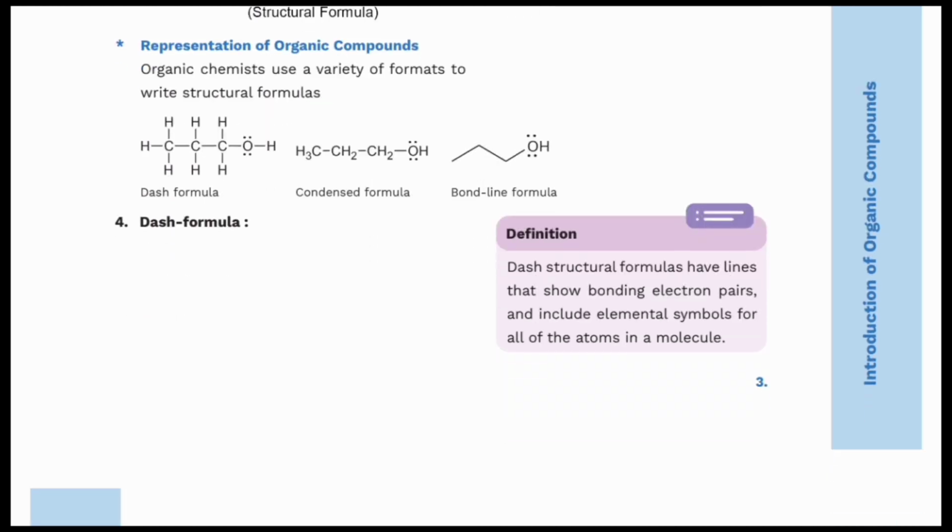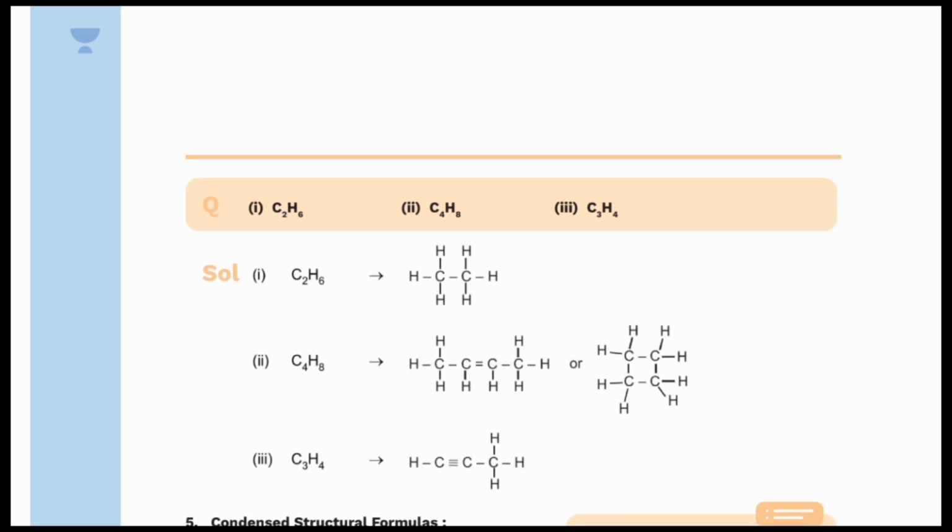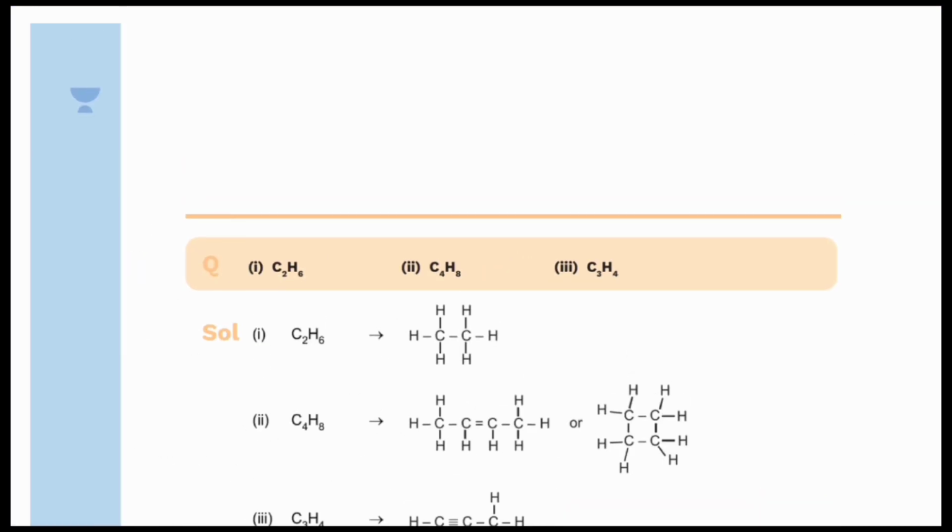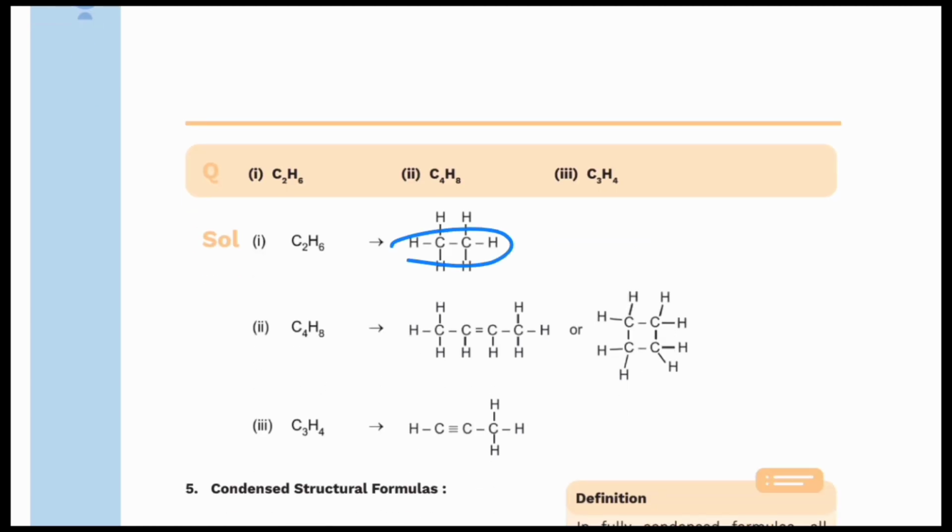Dash structural formulas have lines that show bonding electron pairs, and include elemental symbols for all atoms in a molecule. Here are some examples. Draw the structures of C2H6, C4H8, C3. Here you can see, carbon will form four bonds.